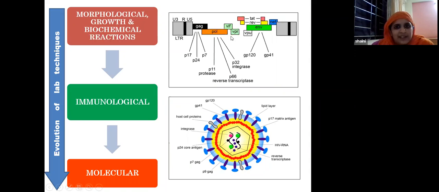So this is the GAG gene, Pol gene, Vif gene, etc. If we are directly going to identify the genes or the molecular sequence on the RNA or DNA of an organism or cell, the study is called molecular diagnosis.